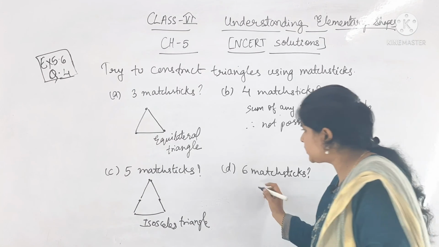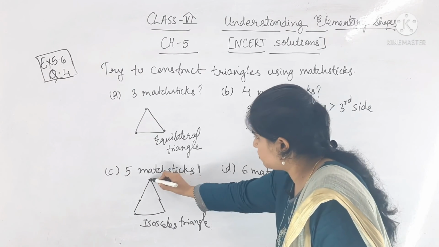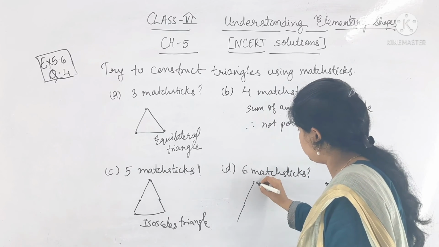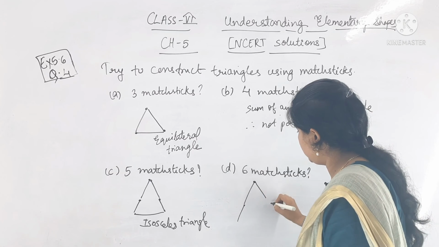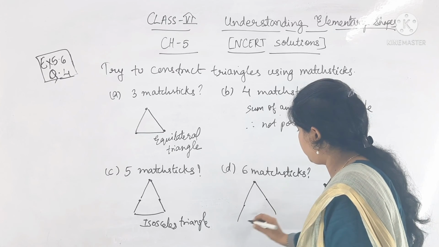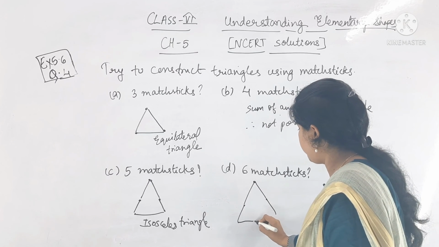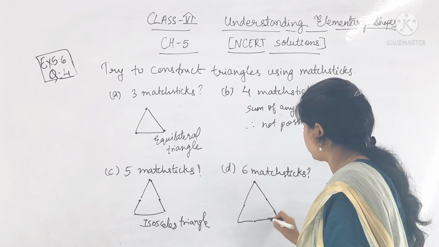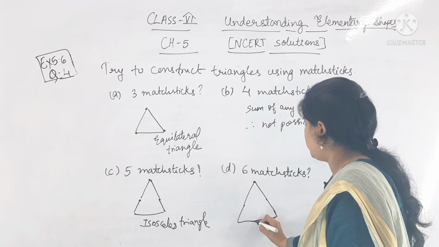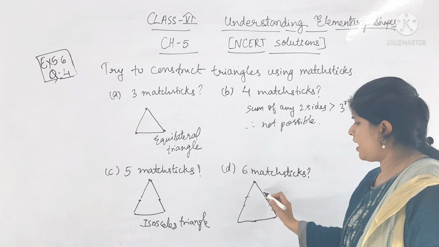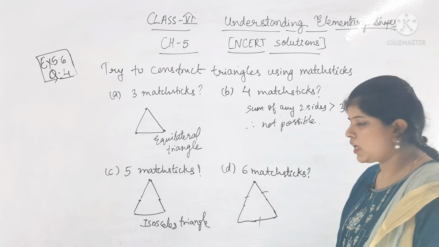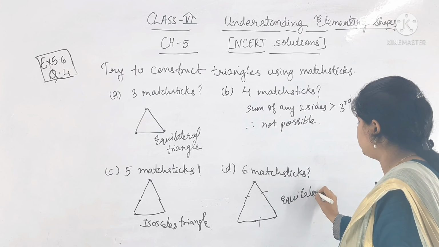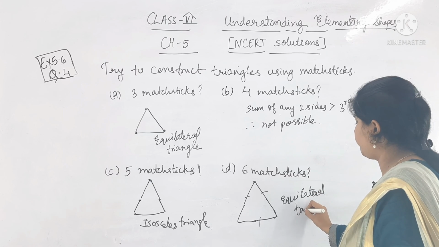For 6 matchsticks you can draw like this: 1, 2, 3, 4, 5, 6. You can see that all the sides are equal, so that is an equilateral triangle.